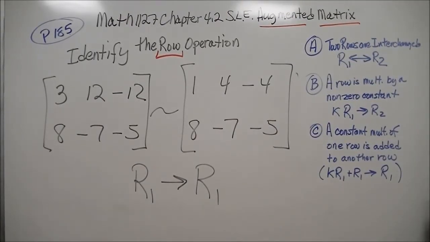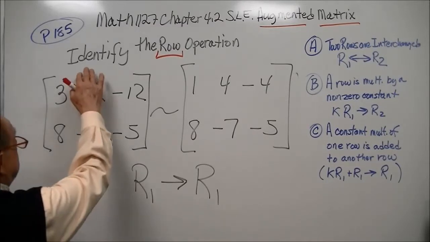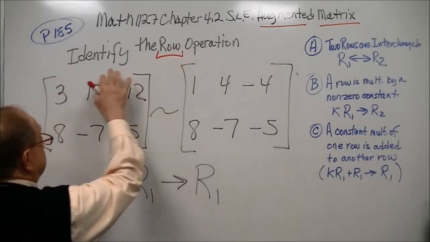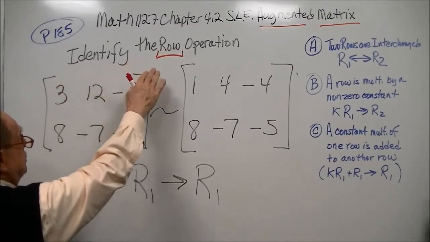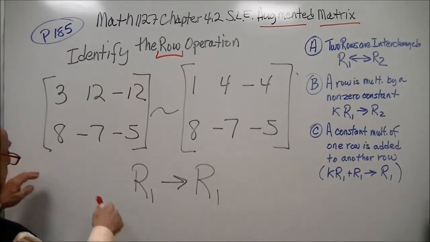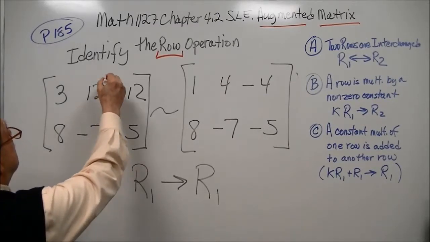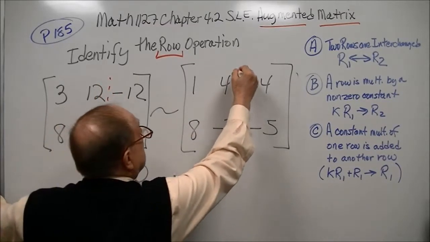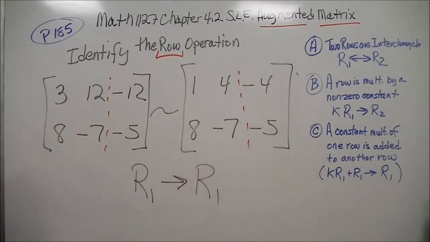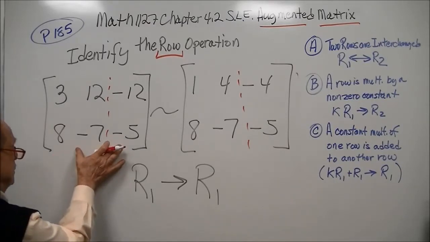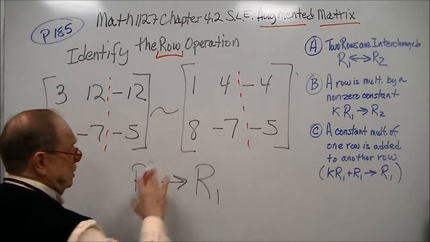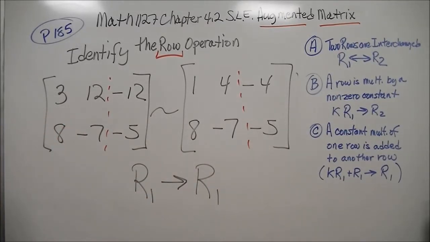This next example, instead of doing a row operation, they want you to identify the row operation. So they're giving you 2 augmented matrices, and they want you to study it and see what was done to it. Well, as we look at row 2, row 2 is unchanged.